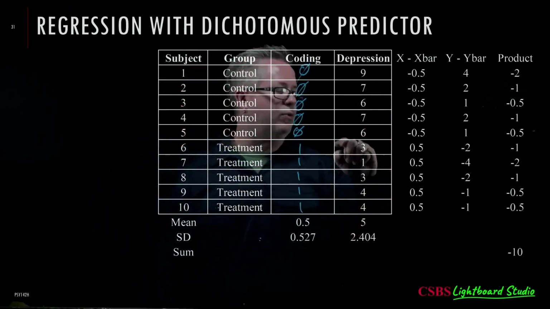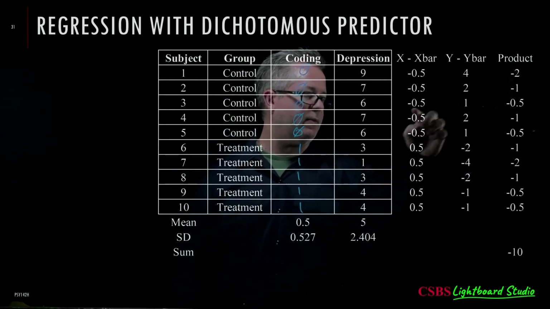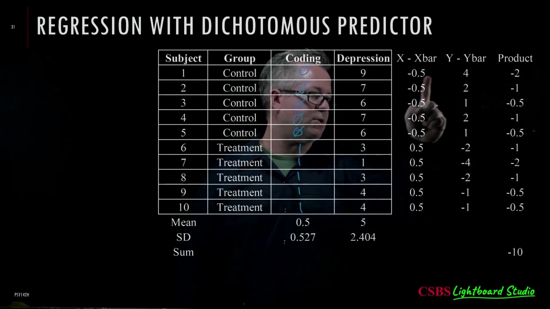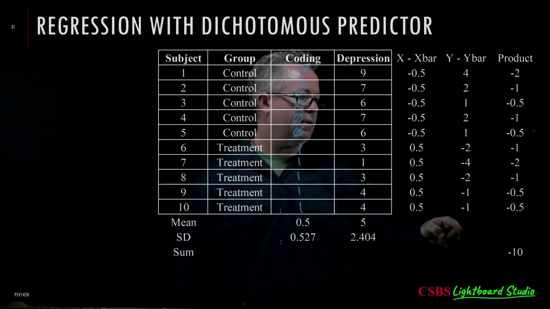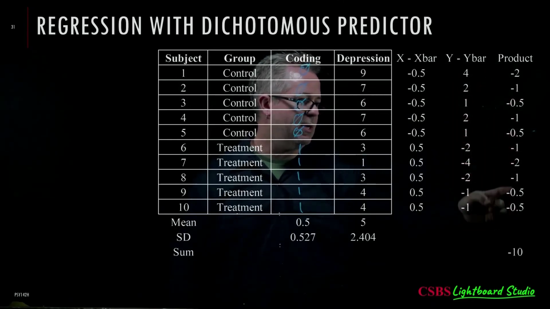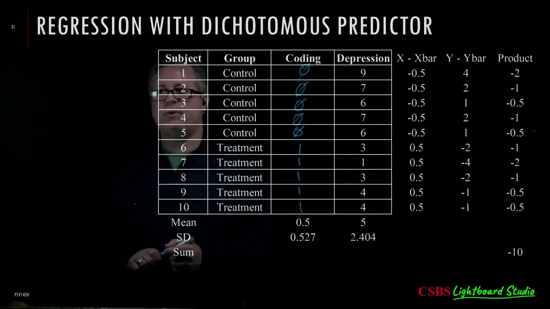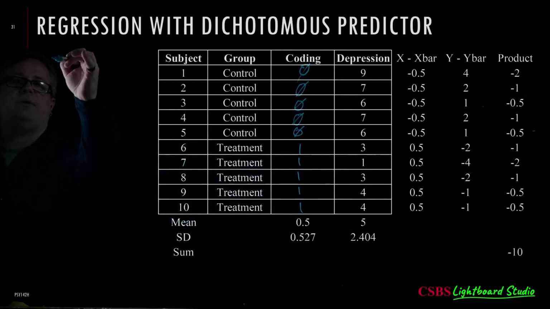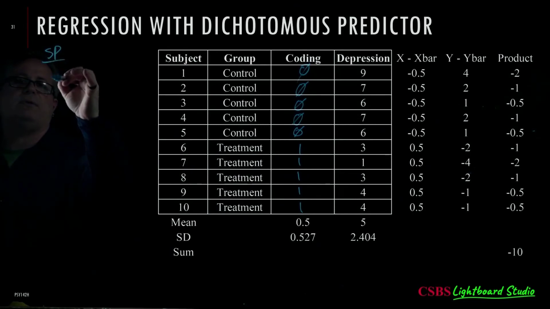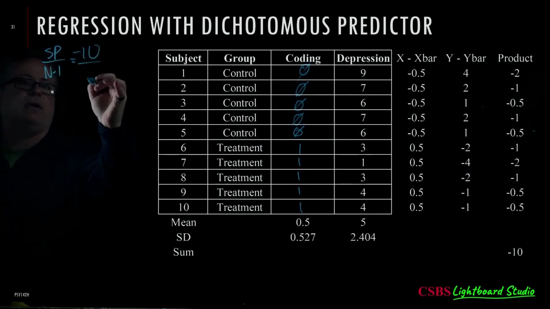So y minus y bar is all of these, 9 minus 5, right? We're getting all these deviations for y, and I'm just cross multiplying them. So these are the products. 0.5 times 4 is 2, negative 0.5 times 2 is negative 1. So here are the products. I can now add those all in and get a sum of products of 10. So SP over n minus 1, all I have to do is divide by n minus 1.